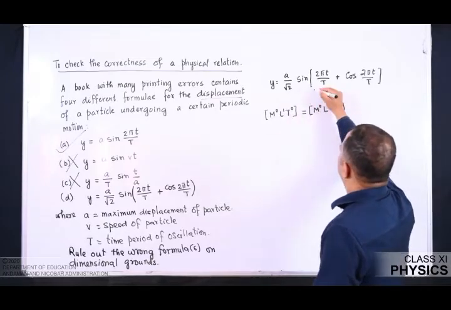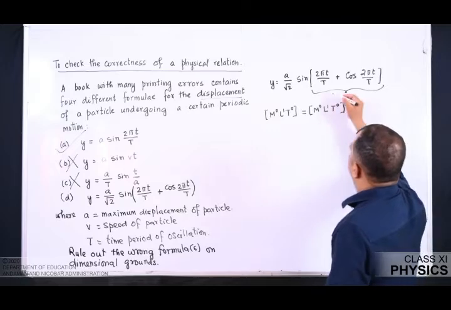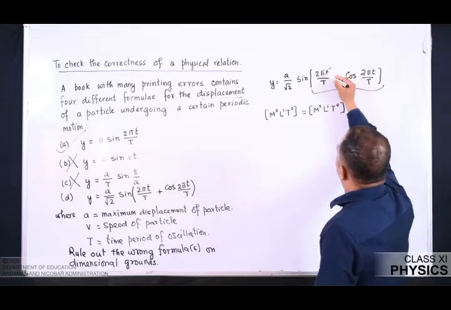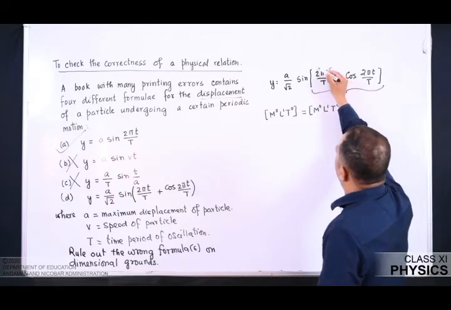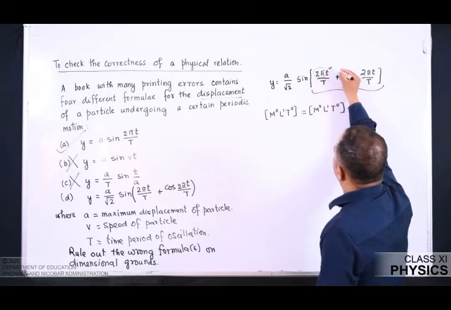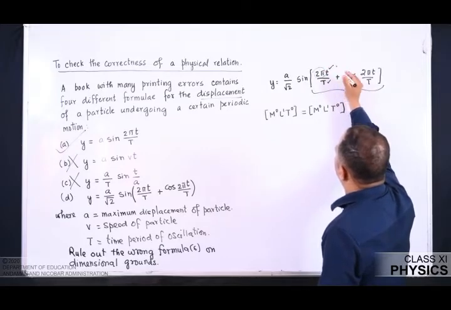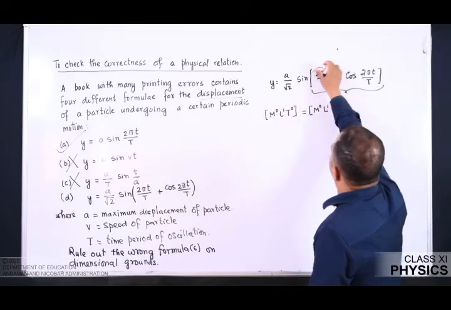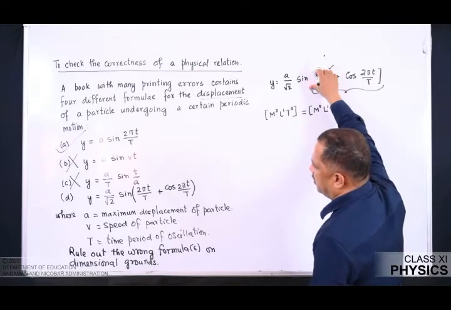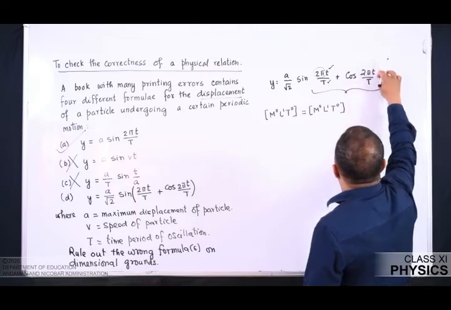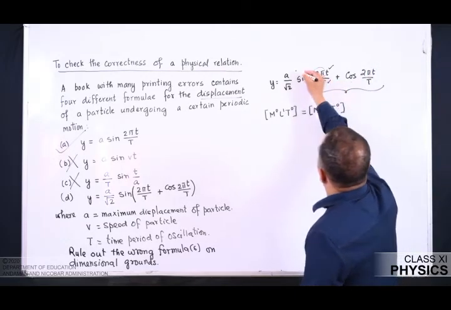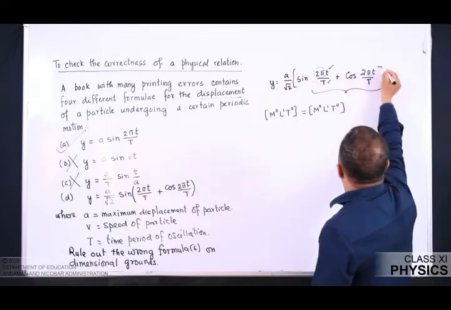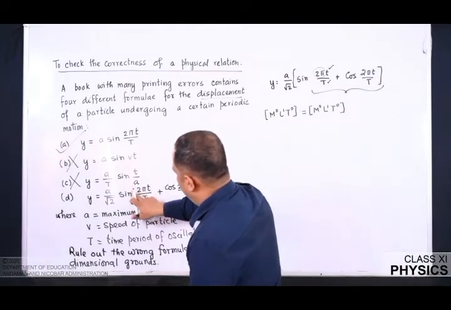Sine of this is the total phase, and if I check 2 pi t by T, 2 pi has no dimension. This has a dimension of time, this has a dimension of time, both cancel out. So this quantity has no dimension. The bracket must be here, and the bracket here.